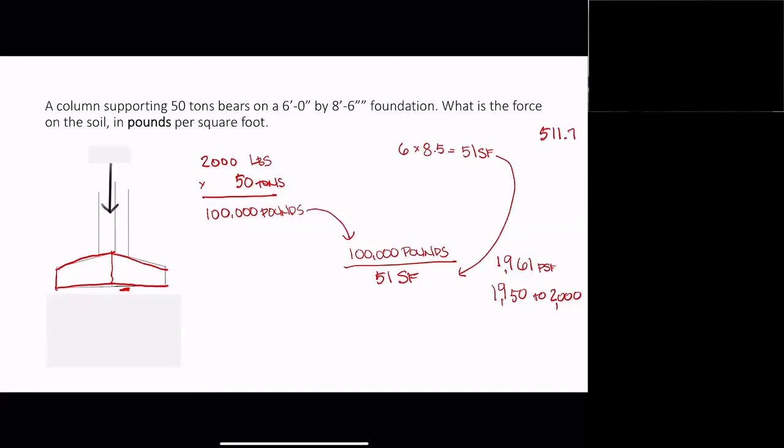So even though it's closer to 512, you're going to say it's 511, because common sense says we don't want to have 512, because that's more people than we're allowed. 512 is more than 511.7.